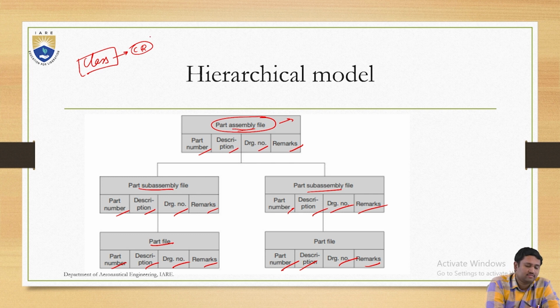The CR reports to the class in charge. The class in charge reports to the HOD, and the HOD reports to the principal. It's a hierarchical model, a hierarchical protocol that an educational institute usually follows.